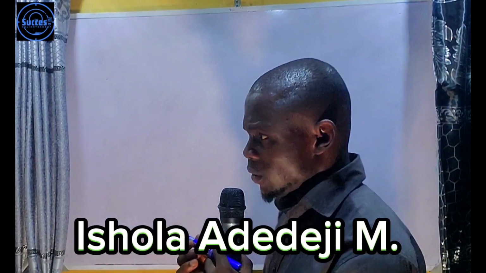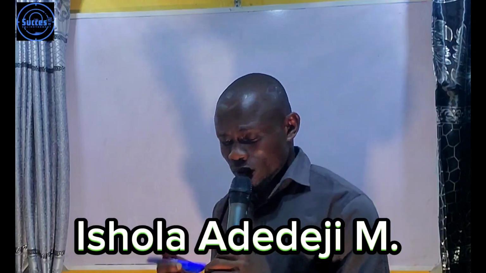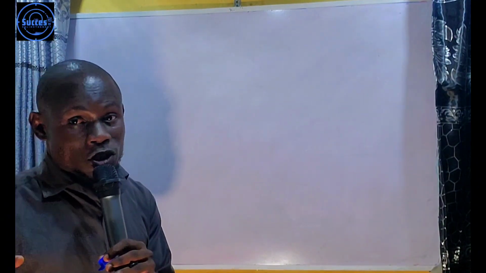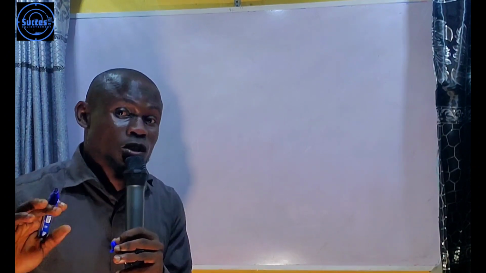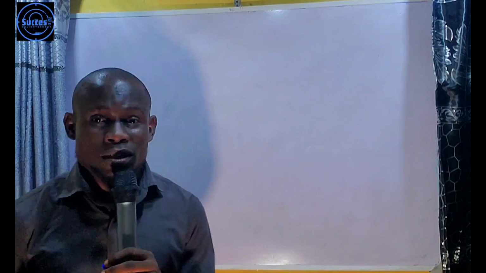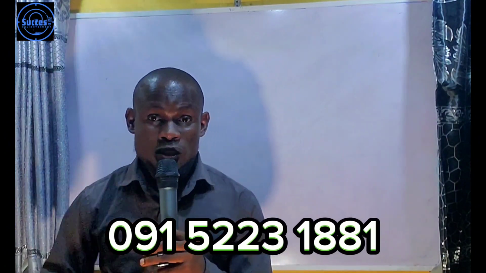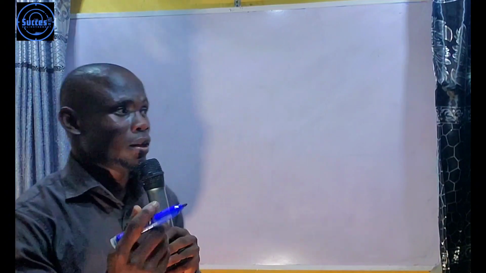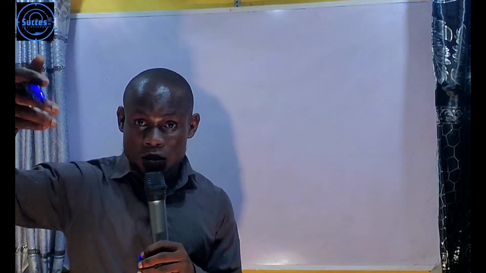Suppose we're given a simple linear regression. We're focusing on simple linear regression in this video, a regression analysis that is linear. Simple linear means there is no power, no exponent.